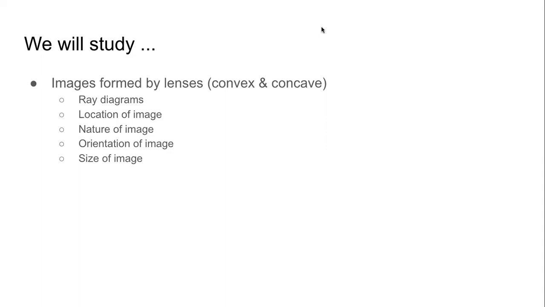Then in terms of images, we will understand where the image will be formed, the location, the nature of the image, what kind of image it will be. You will tell me what are the possibilities and nature of image. Orientation of image, and size of image. Location, nature, orientation, and size for each of the cases we will study, and we will find out about them just by using ray diagrams.